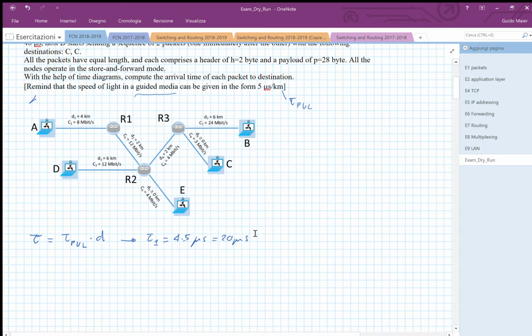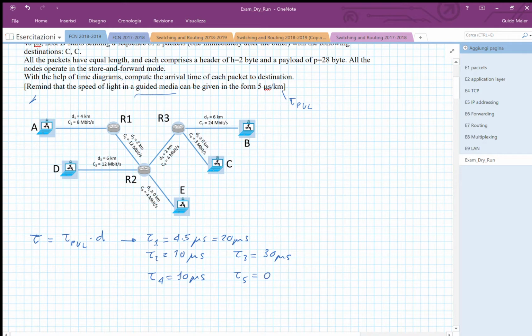And then we have the delay on link 2, which is 10 microseconds. Propagation delay on link 3 is 30 microseconds. Propagation delay on link 4 is again 10 microseconds. Then we have link 5, which is 0 microseconds.